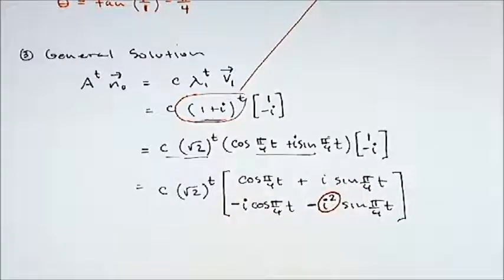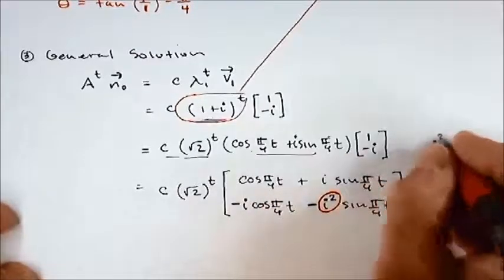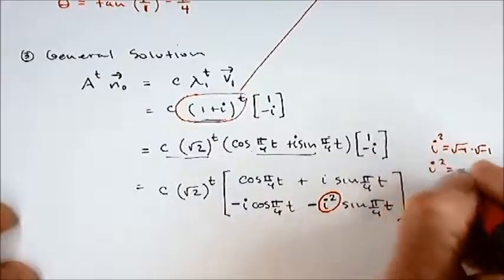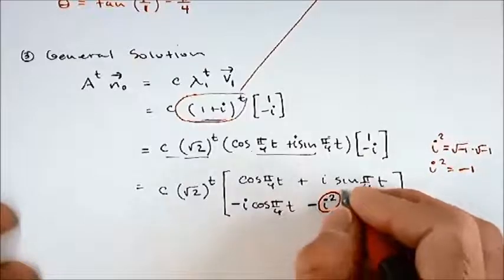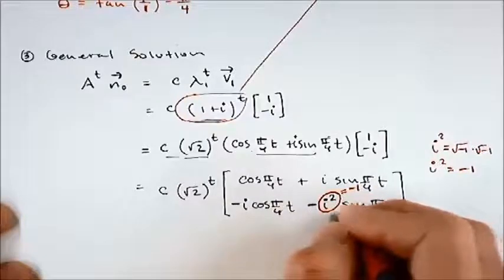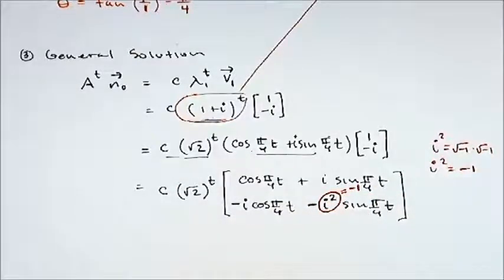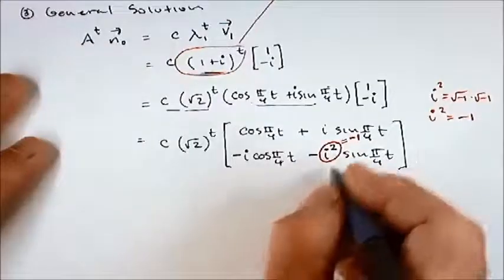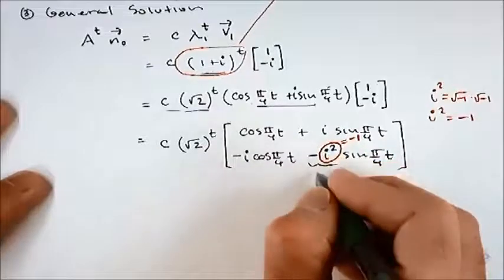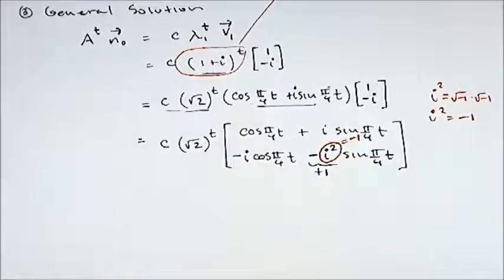It's our definition. i squared is the square root of negative 1 times the square root of negative 1, so i squared equals negative 1. So this part right here is negative 1. But then, of course, if there's another negative in front, this whole thing just turns into positive 1, because I have negative of negative 1.